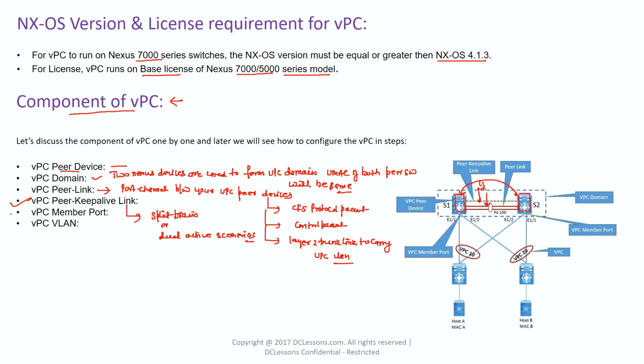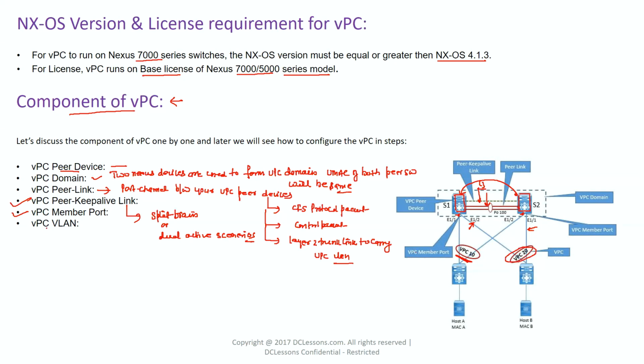Now, what is a VPC member port? Those ports on which your edge devices are connected and they are a part of a particular VPC. So if we see in the diagram, this port and this port are a part of a single VPC, and this member port and this member port are a part of VPC 20.